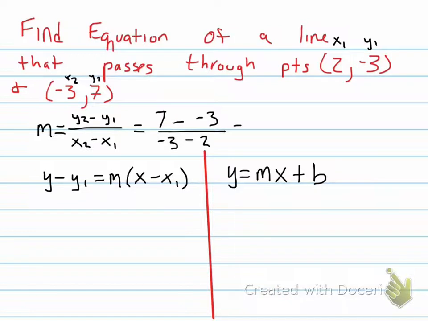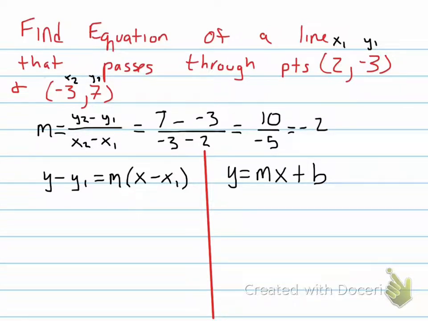So 7 minus negative 3, hopefully you guys, we know this is 10. Negative 3 minus 2 is -5. So my slope is going to reduce to -2. That's my slope. So the slope is -2.